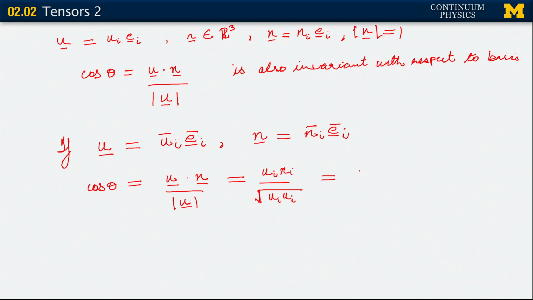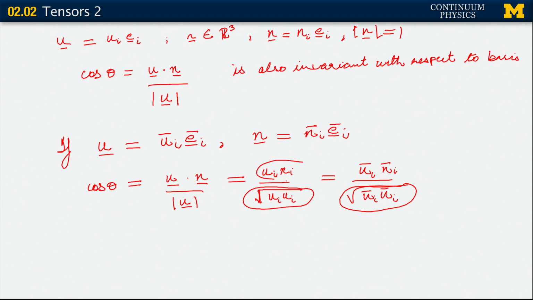If we write this in terms of the basis e bar_i, we have u bar_i n bar_i divided by the square root of u bar_i u bar_i. On the previous slide, we saw that these magnitudes are the same. It turns out that because of this invariance property of the dot product, the numerators are also the same. Consequently, this direction of u relative to our unit vector n is also invariant.